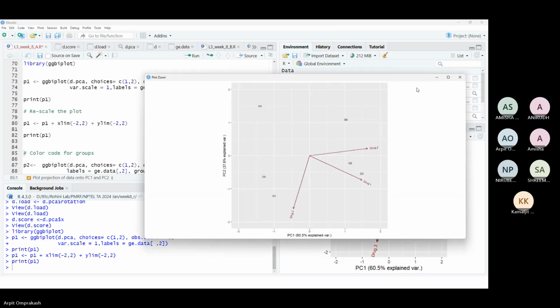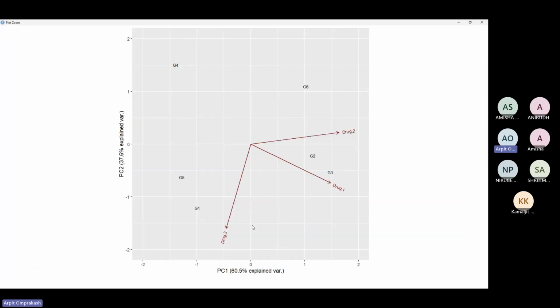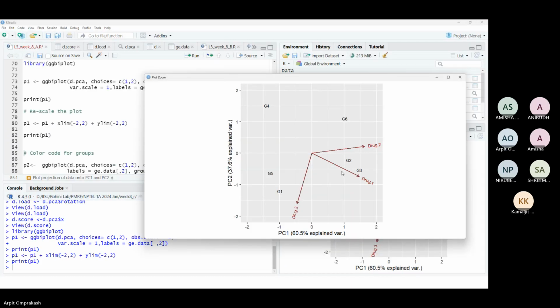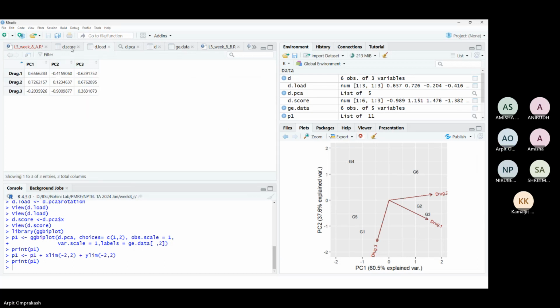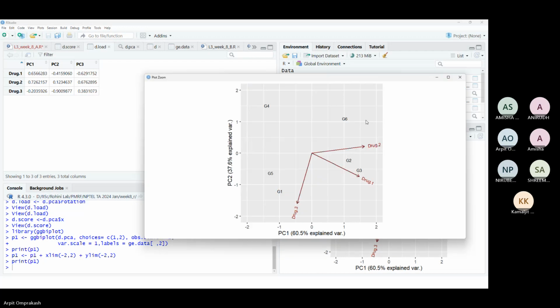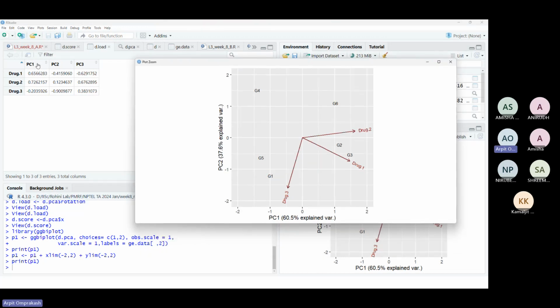Okay. So now this is where drug 1 is, the axis drug 1, this is drug 2, this is drug 3. What this means is, if we go to d.pca$rotation, the loading matrix, our PC1 is 0.65 times drug 1.